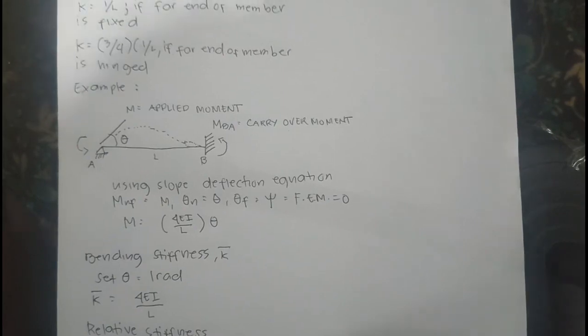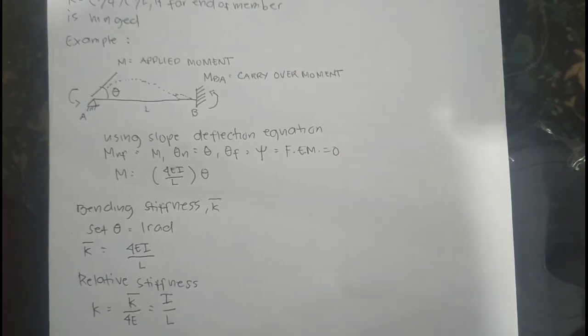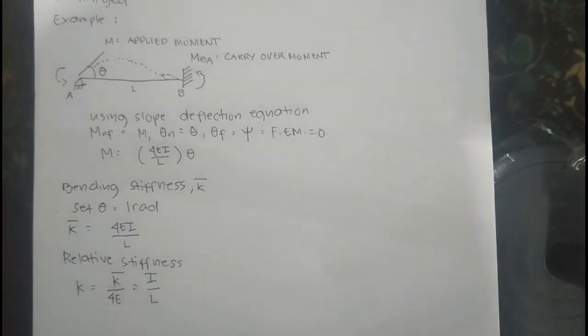So the bending stiffness, K bar, at theta equals 1 rad, equals 4EI over L.